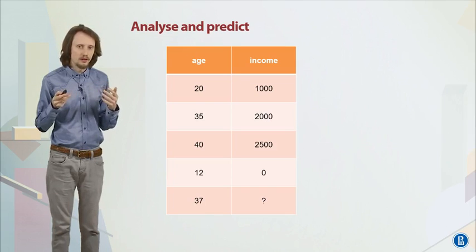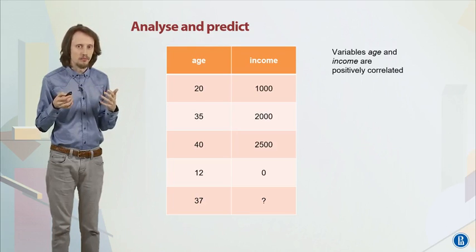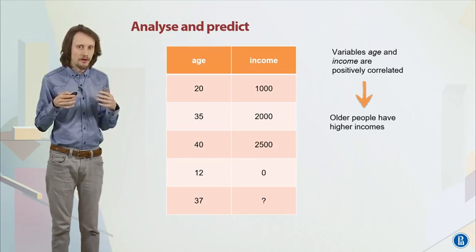We can analyze the data that we already have and make the following decision. There is a correlation between age and income, and this correlation is positive. This can be obtained automatically. What does it mean? It means that older people have higher incomes. This is an idea that we can get from the data if we look carefully or if we apply some mathematical techniques.